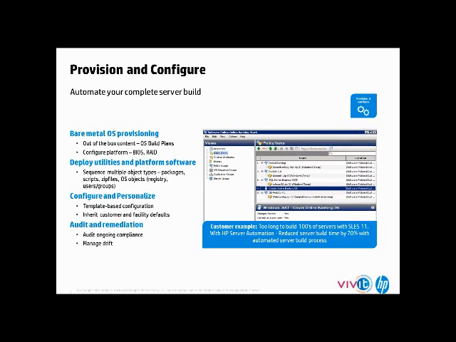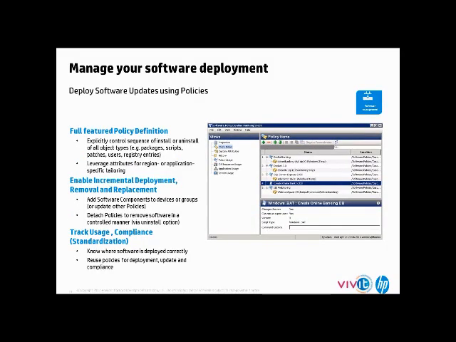Okay. The next feature or the capability that I would want to share with you in terms of this solution, server automation virtual appliance or standard edition, is our ability to deploy software updates and the policy using the policies.